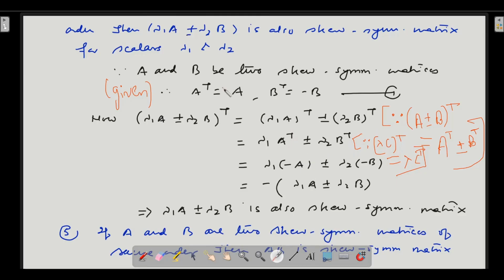Now as A is a skew-symmetric matrix, A transpose is equal to minus A, so A transpose can be replaced by minus A, and B transpose can be replaced by minus B, because A and B are skew-symmetric matrices.